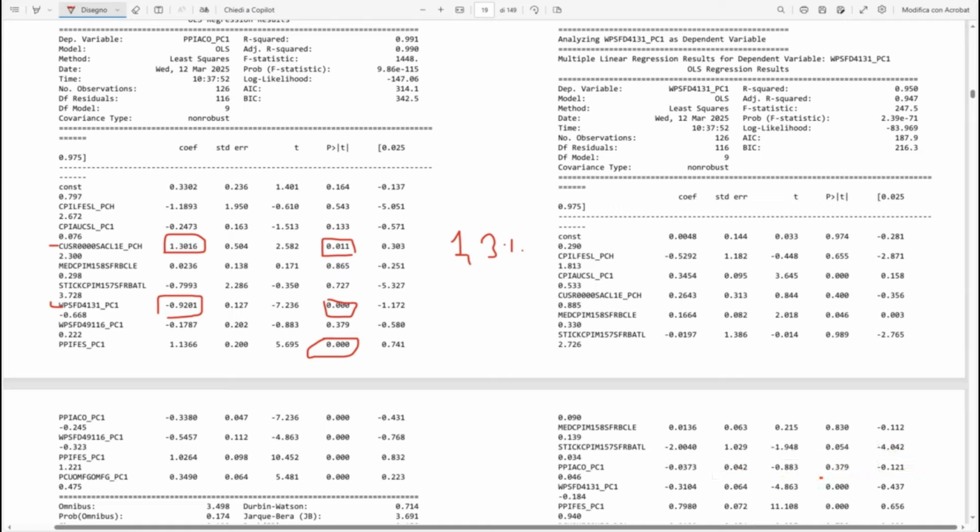It must be somewhere. Well, anyway, it's another measure of core producer price index, which will move in the opposite direction. So when the producer price index for all commodities increases by 1 unit, this measure of core producer price index, which excludes food and energy and probably trade services, will decrease by 0.92.